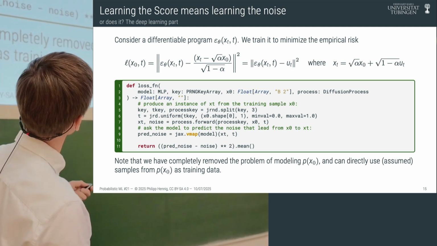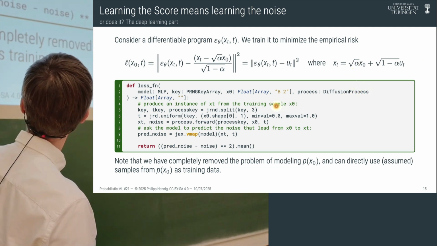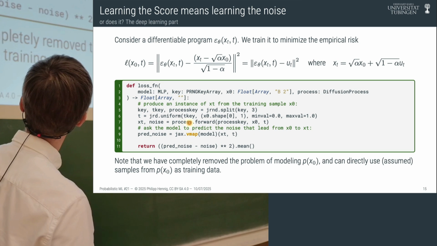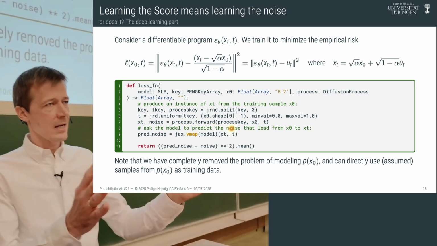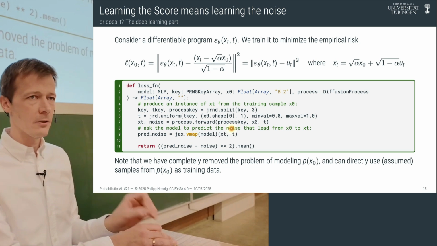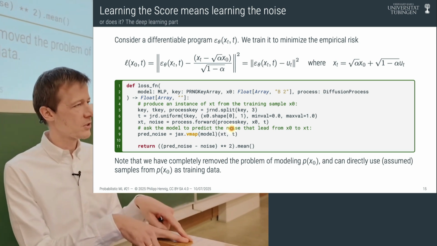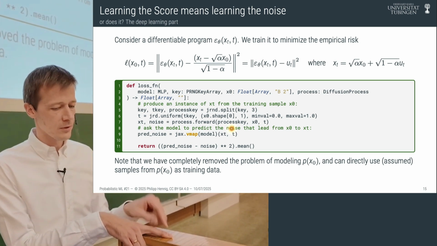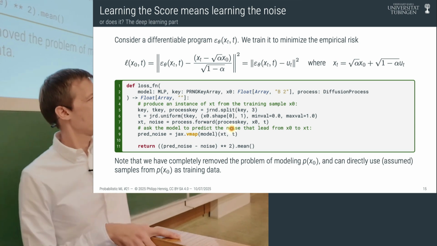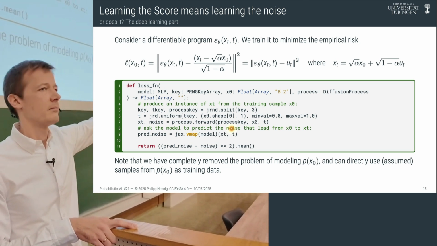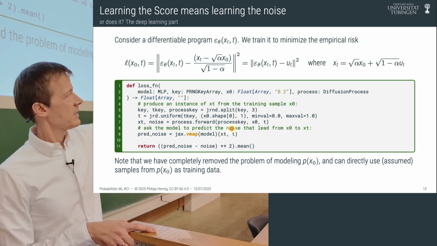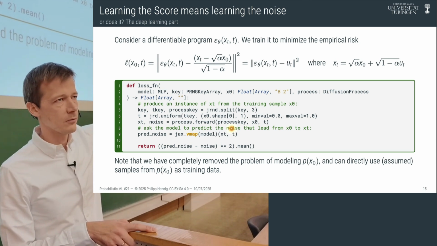It uses the diffusion process to ask for a sample from the forward process. That says, please give me an example of where you might end up under your noise process if you start at the original point x0. The diffusion process will make such a noise. It'll say, then I'll end up over here. And now I ask my deep neural network, given that I'm here, what do you think the direction is towards x0?